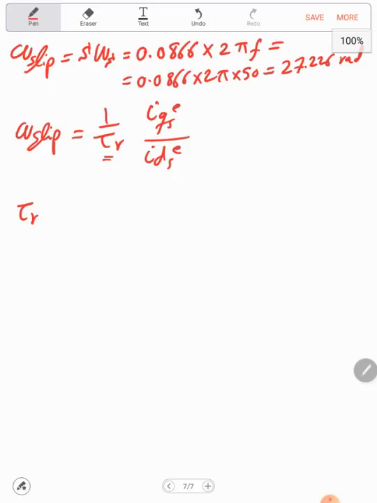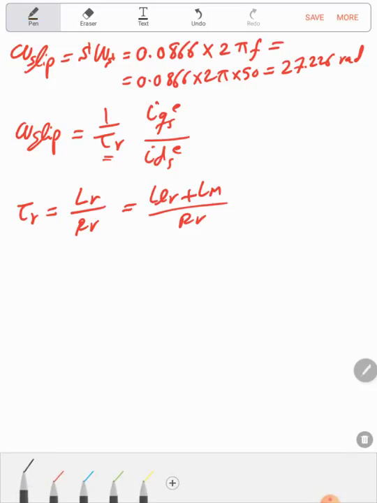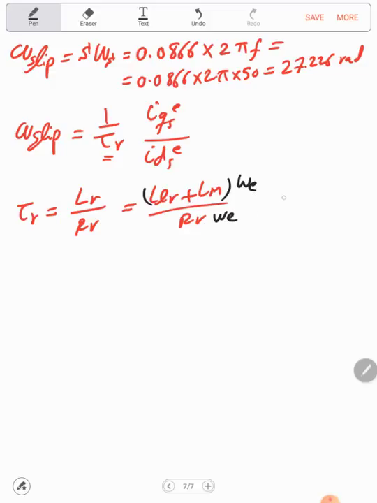So tau r is equal to LR over RR, and this will equal LR plus LM over RR. Now if we multiply here by omega E and here by omega E, we are getting XLR dash plus XM over omega E RR dash.